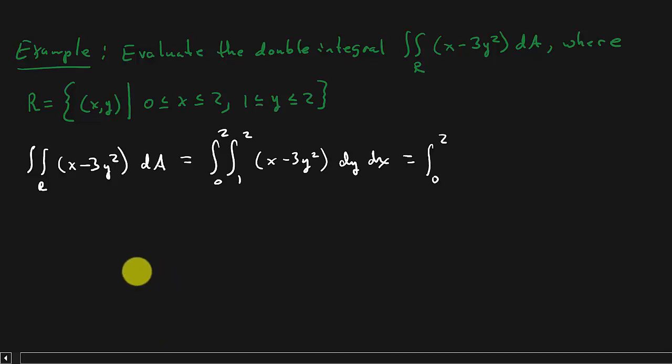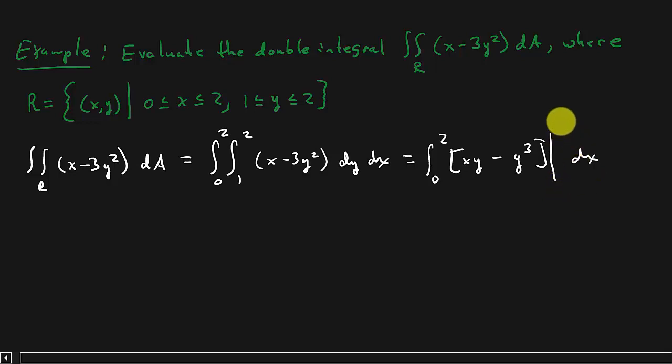So what would that be? That would be xy, that's the antiderivative of this, minus, and then that's going to be y cubed divided by 3, that's just y cubed. All right, and that is from 1 to 2 dx.